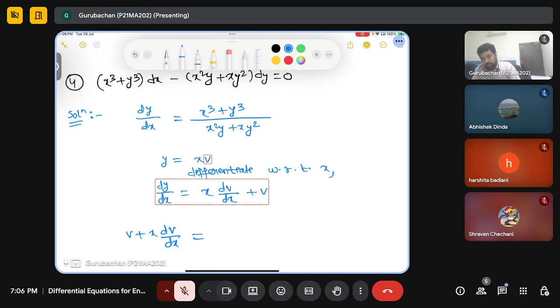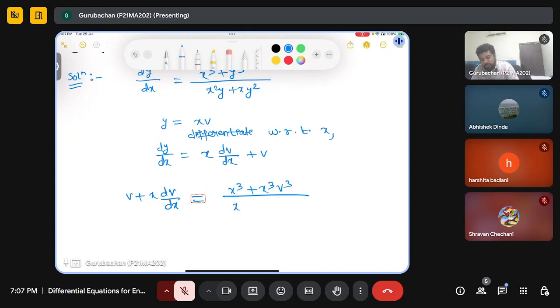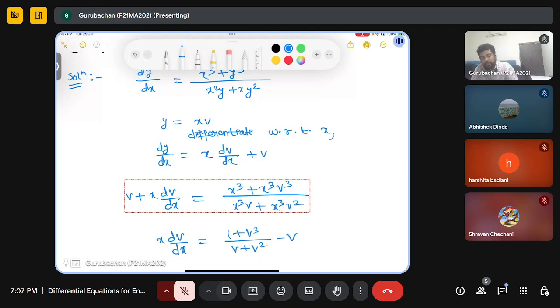From here, we will get x cube plus x cube v cube divided by x cube v x cube v square. So if you simplify it, it will give you x dv by dx is (1 plus v cube) divided by (v plus v square minus v).